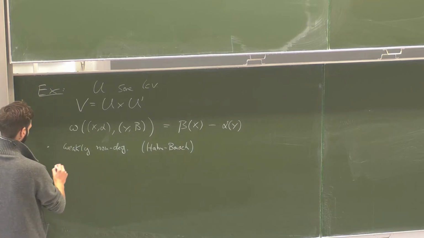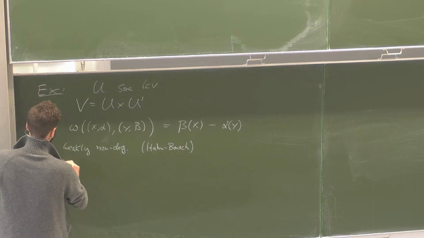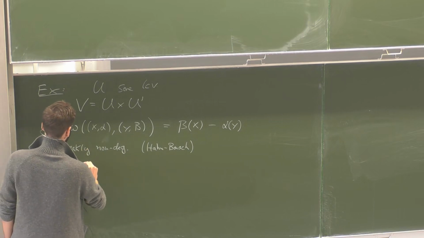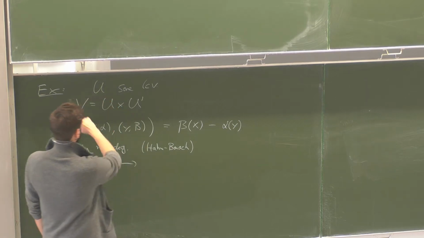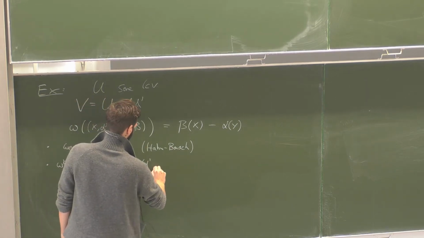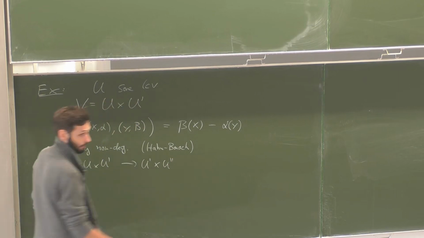And if you now look at the map omega flat from U times U prime into V prime, so that will be U prime times U prime prime.